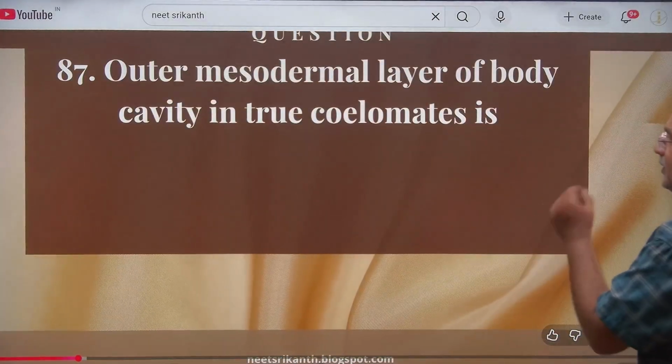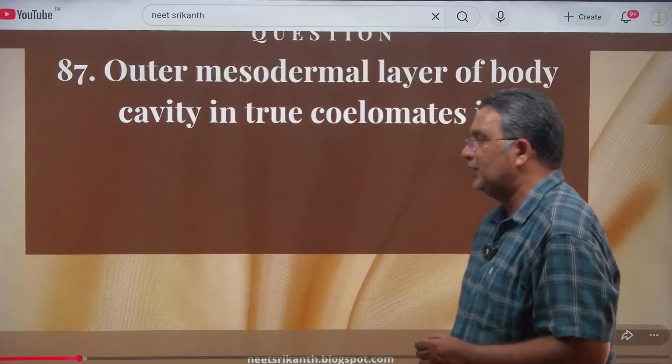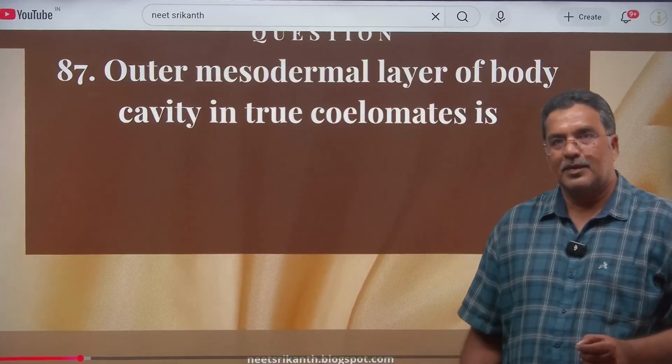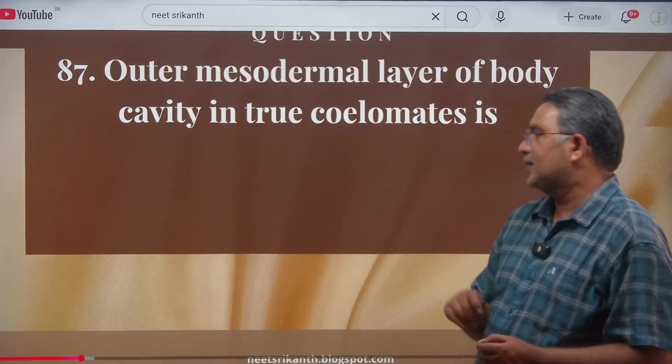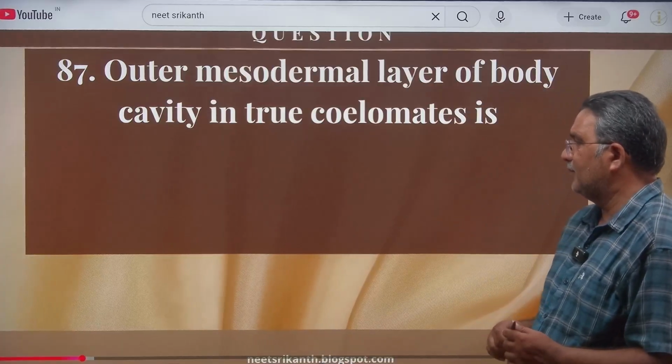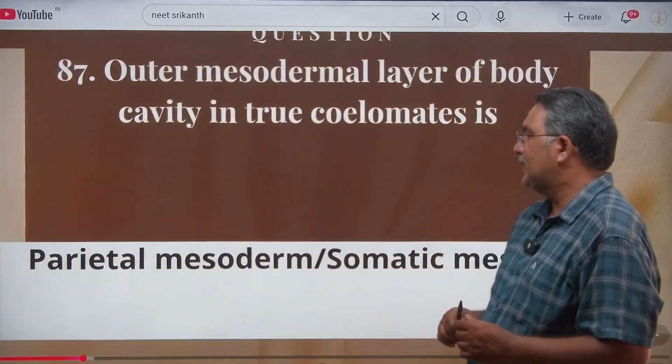Outer mesodermal layer of body cavity in true coelomates is called somatic or parietal mesoderm.